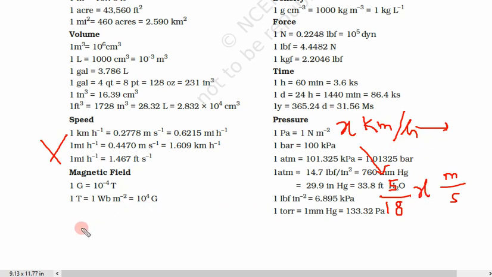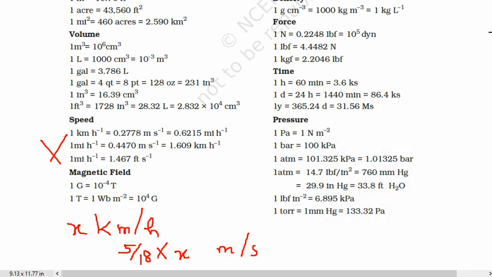So if speed is given as x kilometer per hour, and you want to know the speed in meter per second, you simply take 5 by 18, multiply it with x, and you get this many meter per second. This is a very important formula. x kilometer per hour is equal to 5 by 18 into x meter per second.